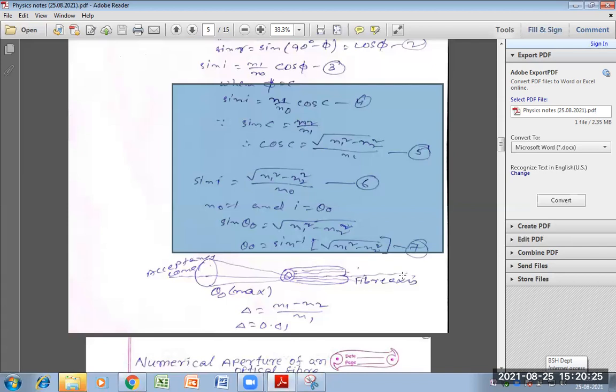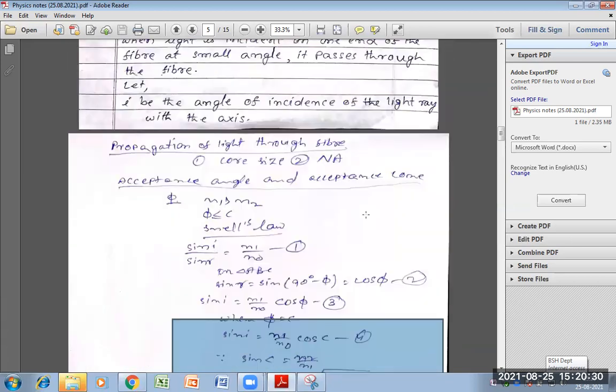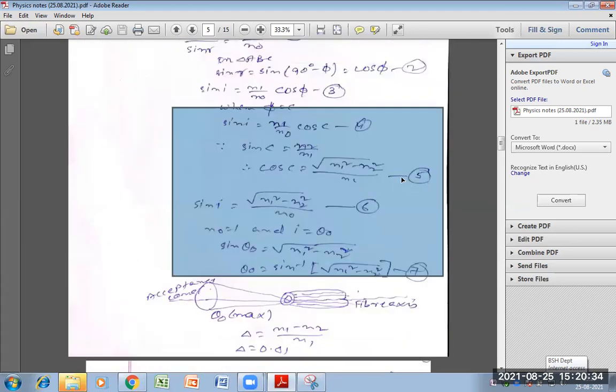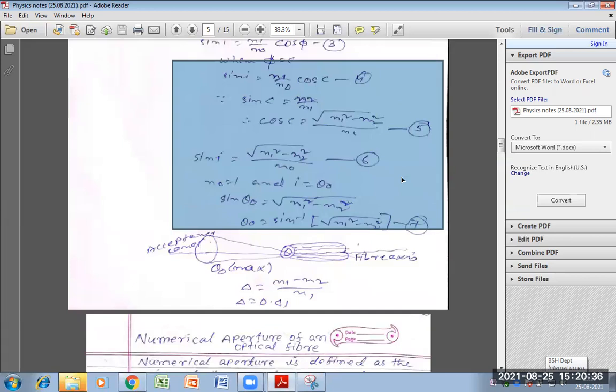Acceptance angle is the maximum angle that a light ray can have relative to the axis of the fiber and propagate down the fiber.